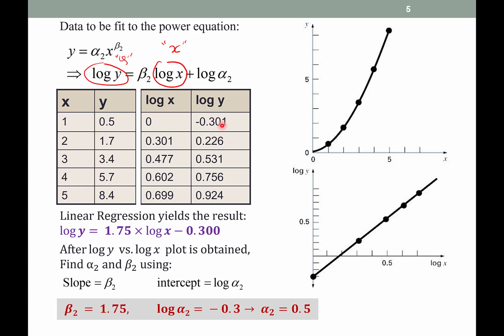We had log y plotted versus log x, and this produced a linear trend, and we fit this using linear regression to get this equation, which represents this smooth line that goes through most of the points. So this is an example of using linear regression to solve a problem where we have a nonlinear model.